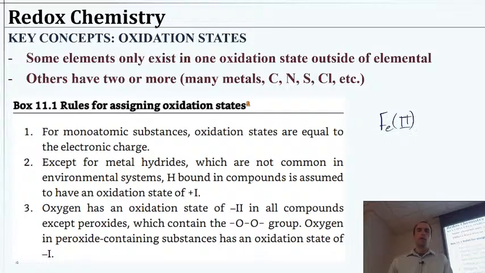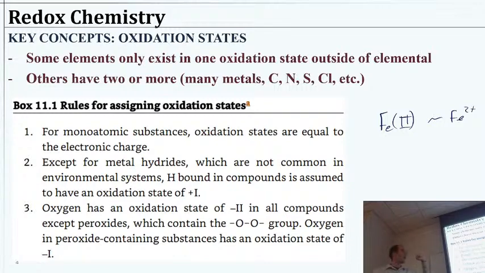So Fe with a 2 Roman numeral, that is saying it's in the +2 oxidation state. Okay. So this could be a part of some other molecule, but if it's just by itself, it would be Fe2+, right? Okay, so oxygen with a -2, talked about that. That's in almost everything, but there are some exceptions.